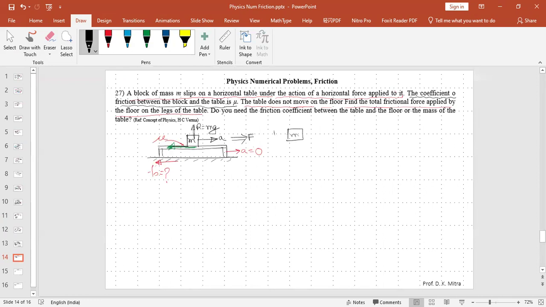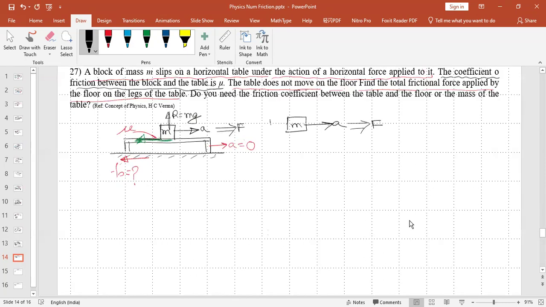The small body m moves with an acceleration due to a capital force F, and there is a frictional force here.